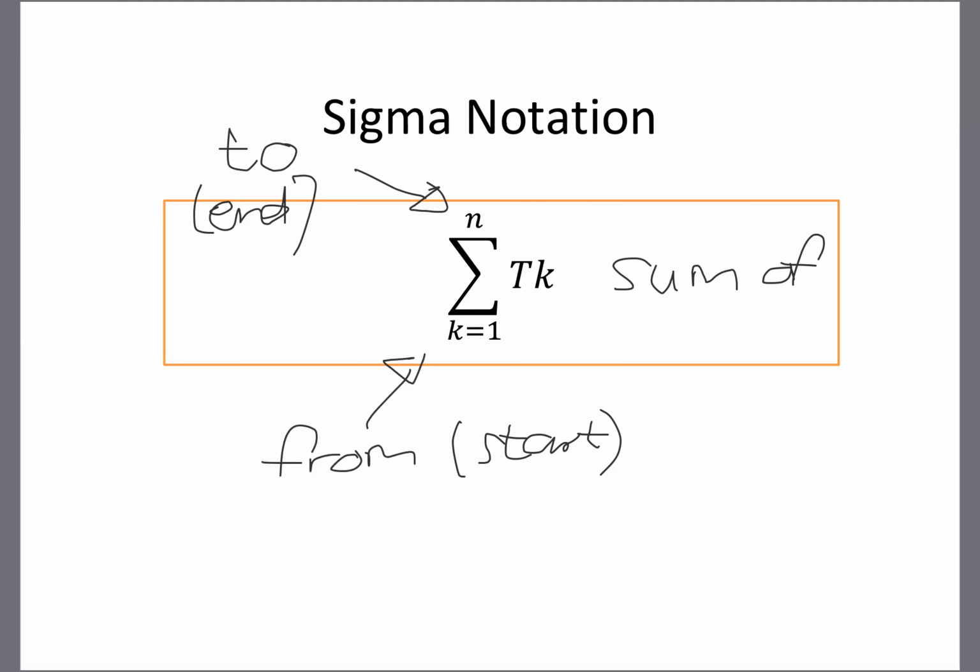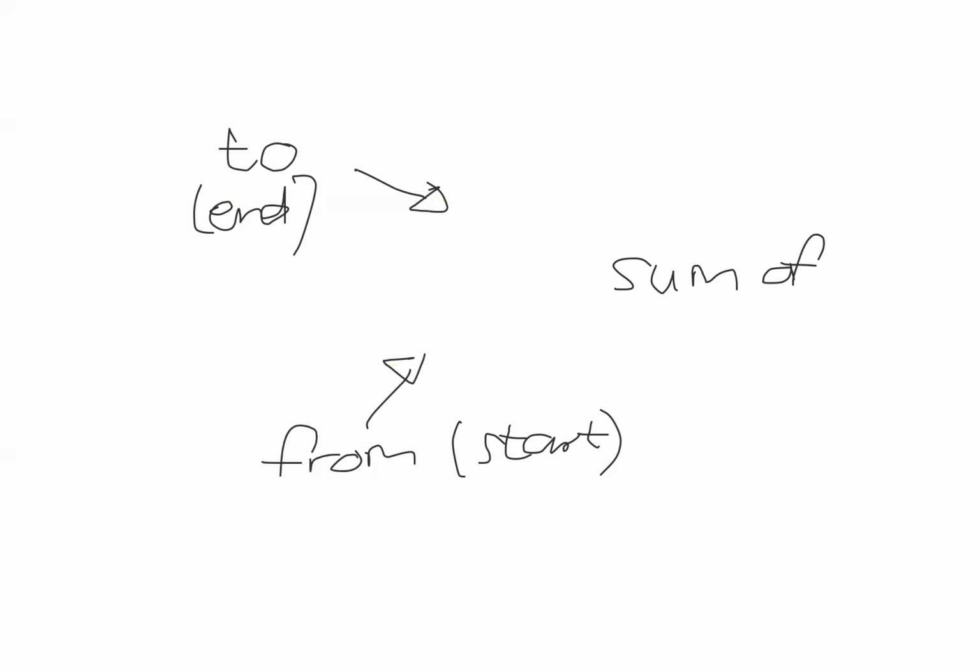So for example, if I have a sigma notation of 17, and I say k is equal to 3, and then I have p to the power of k.